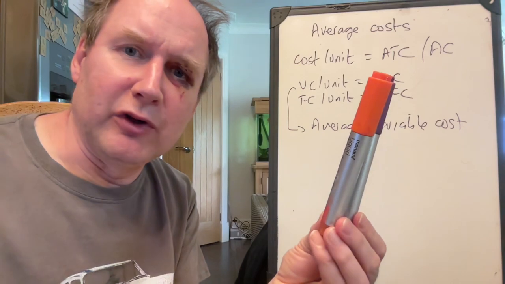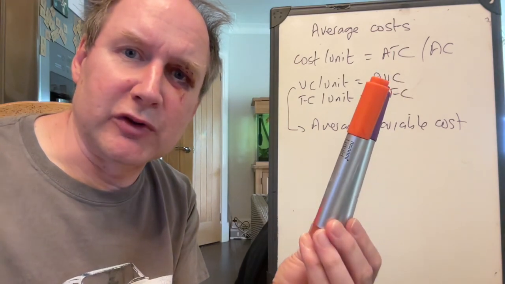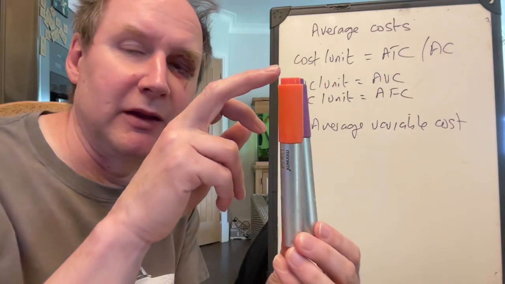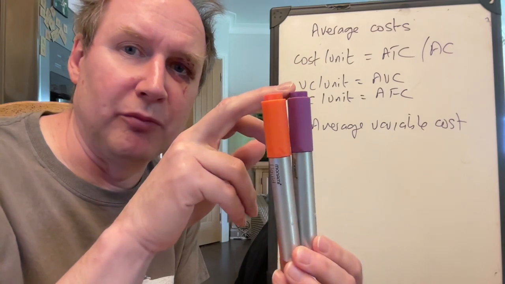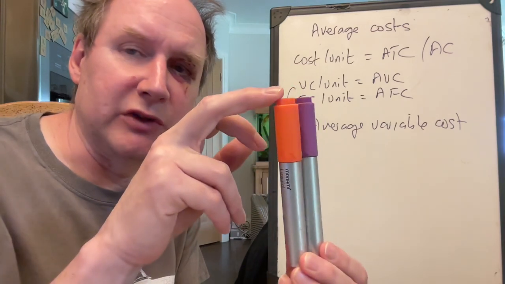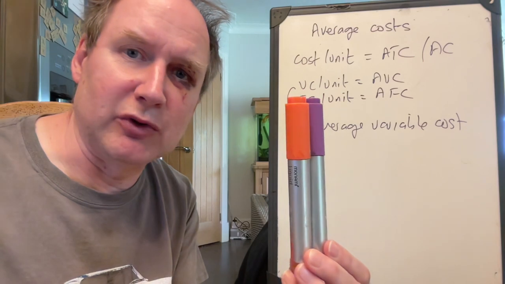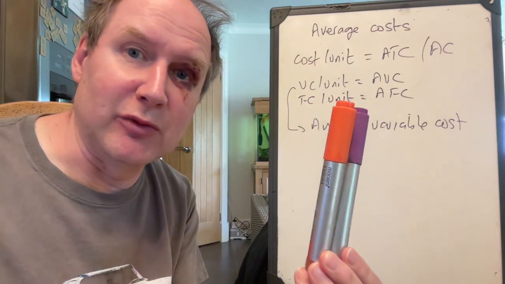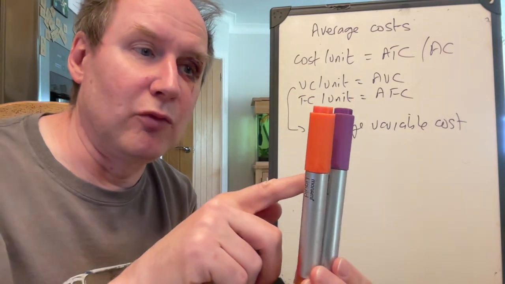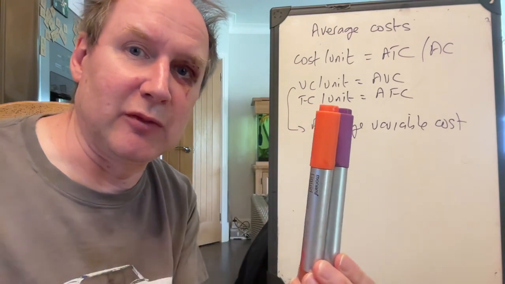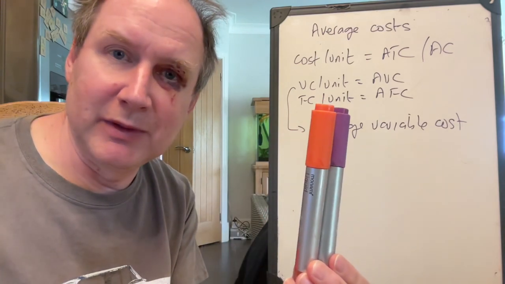Well, on average, how much are my variable costs per unit? The answer is that one was an extra £1 of variable costs. That one was an extra 80p of variable cost. Therefore, my variable cost per unit is £1 plus 80p divided by 2. That's 90p.